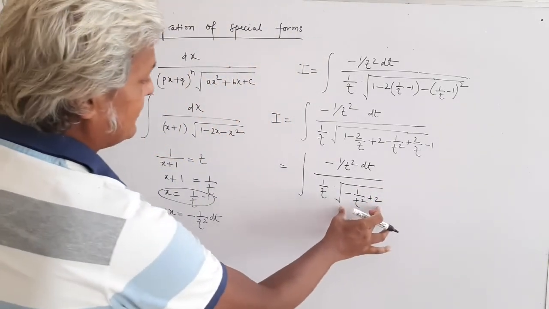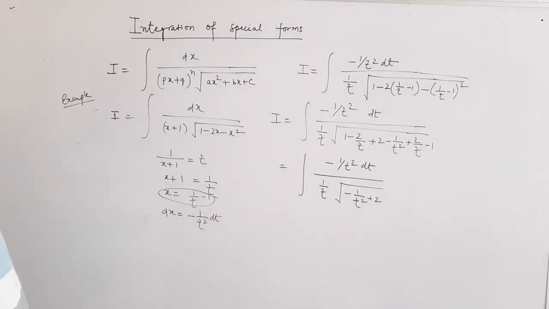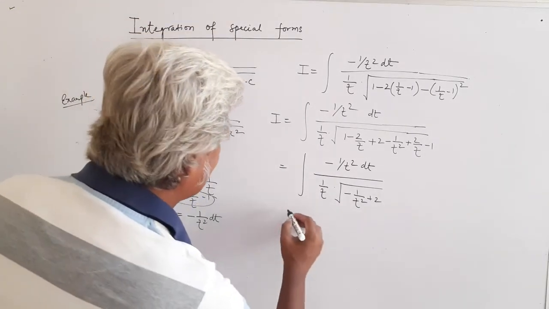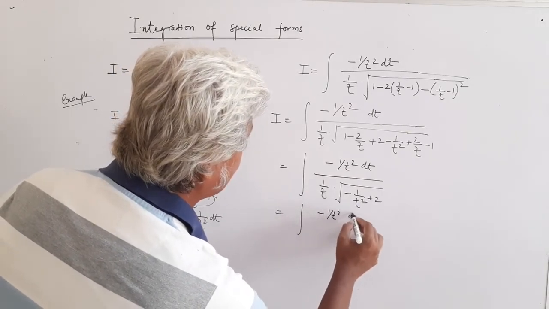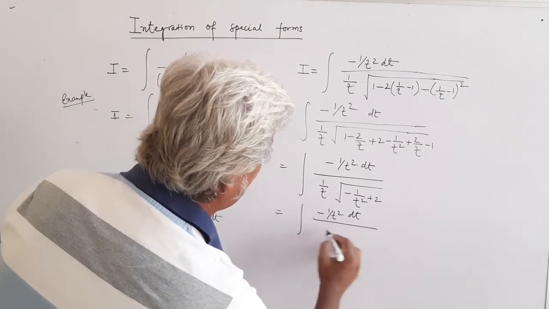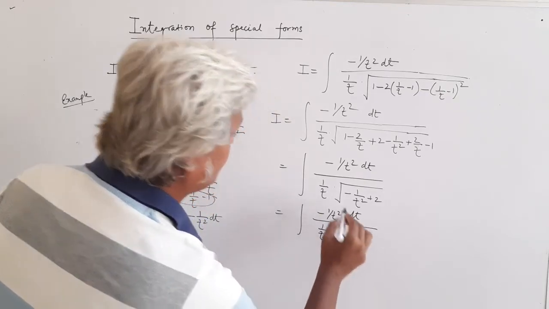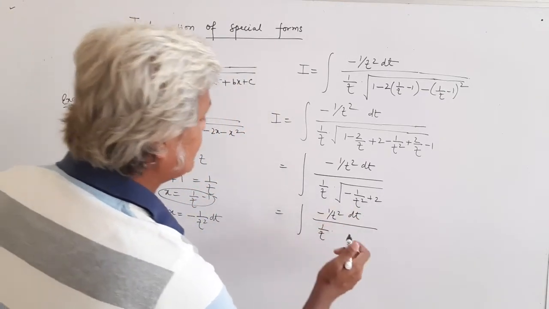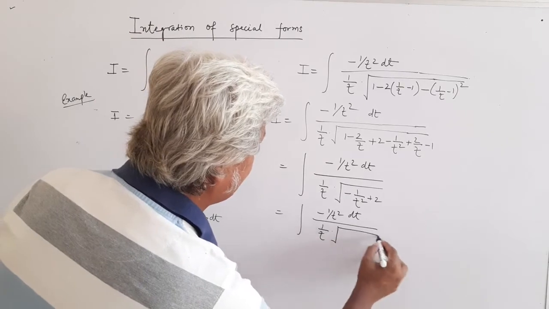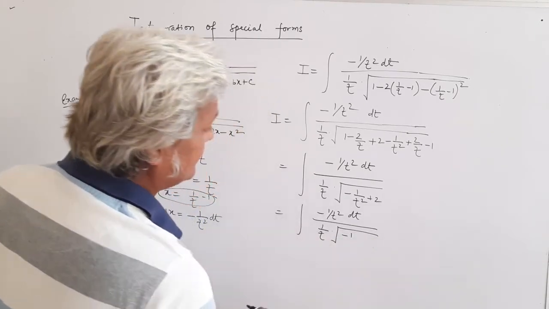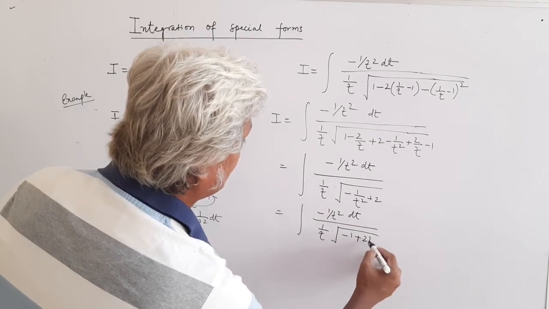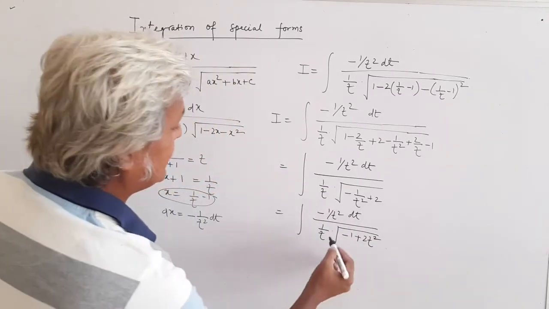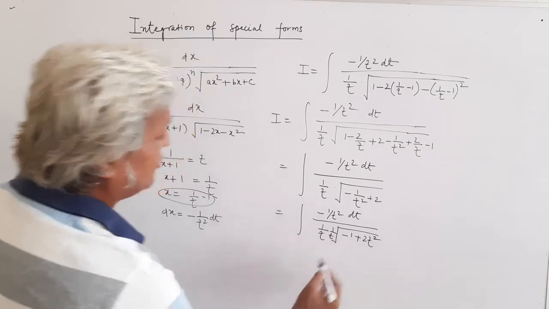Now if I take 1 upon t square common, the integration becomes minus 1 over t square dt upon 1 over t into, taking 1 over t square common, here you'll get minus 1 and there you'll get 2t square, and at the same time you'll get 1 upon t outside.